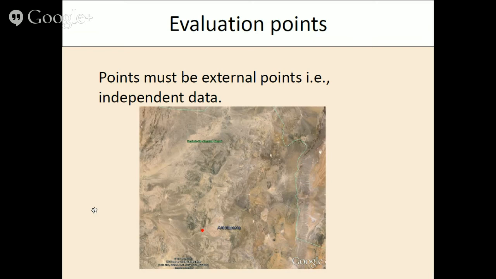I have one point that was used for model calibration here, collected by other authors and researchers, and I used it to calibrate my model. But I have this other point that I collected by myself. I'm sure that this is a very robust point of disease occurrence, so I'm going to use it as an evaluation point. Apparently we might think that these two points are independent.